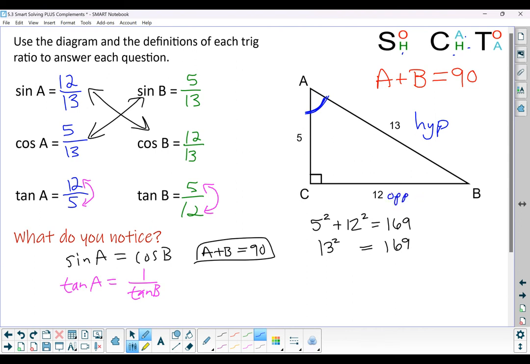So for angle A, that goes in the numerator. But if you're thinking about angle B, the side that's marked 12 is the adjacent. So for the tangent of B, the 12 is in the denominator. So basically, when you're switching angles, you're just switching perspectives. The hypotenuse doesn't change, but the opposite and the adjacent labels change to the other sides.